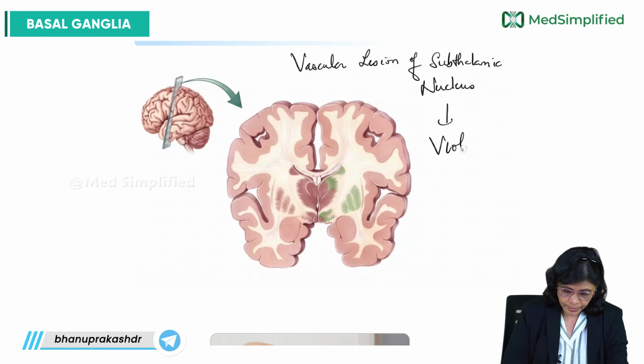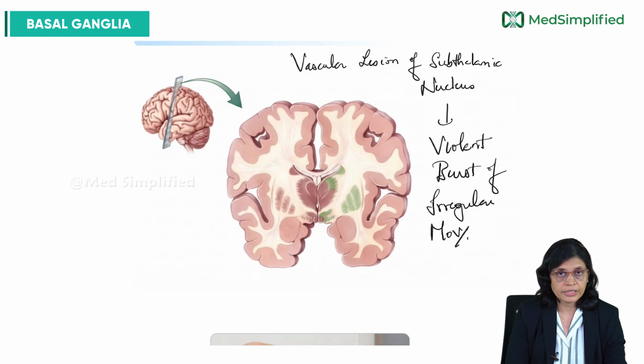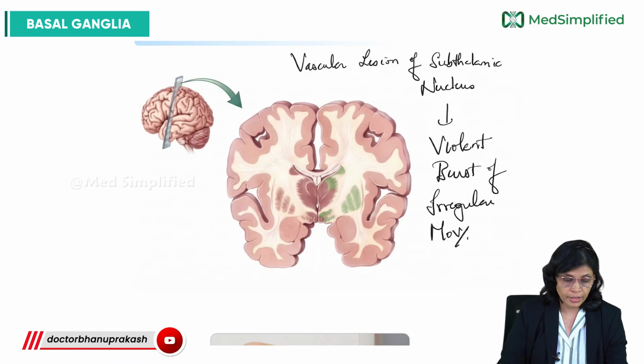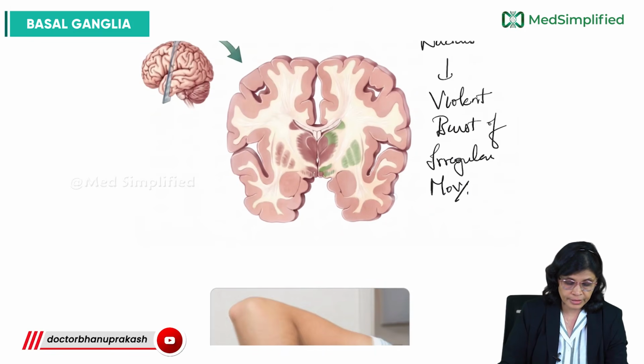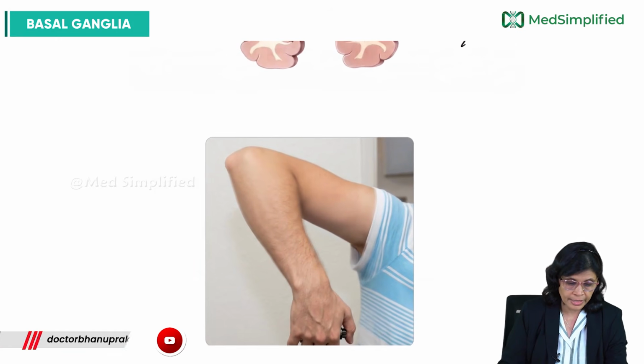violent burst of irregular movements. Usually these movements are in the region of the girdles, that is pelvic as well as the pectoral girdle, in the trunk, as well as the proximal extremities.